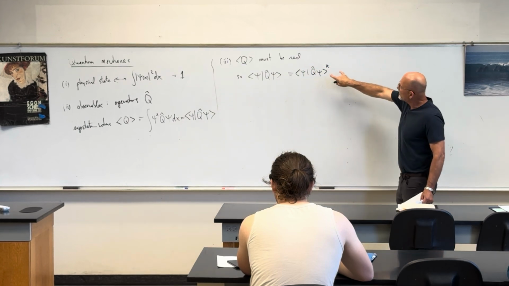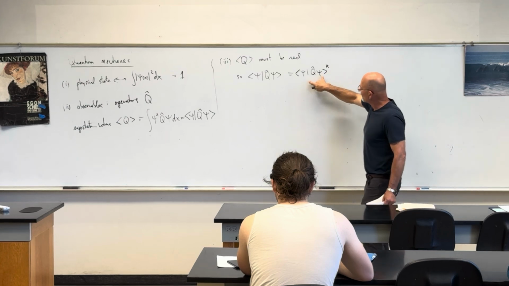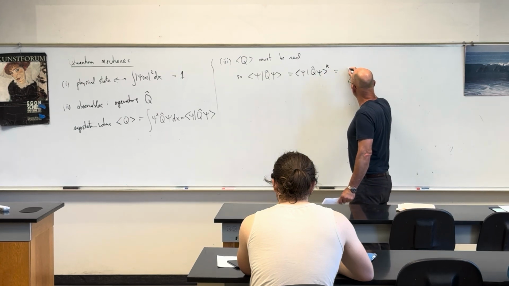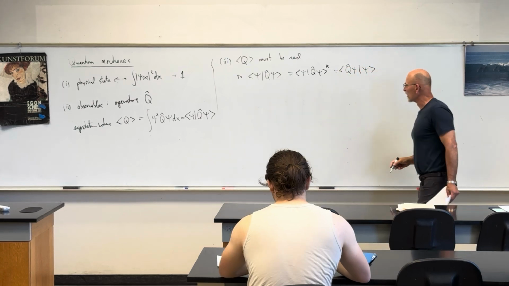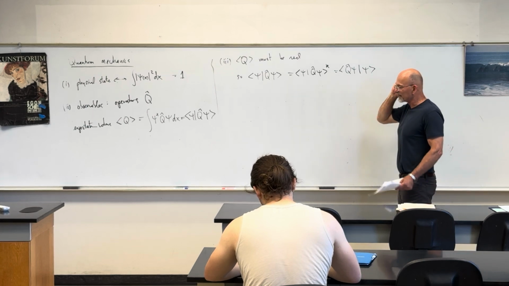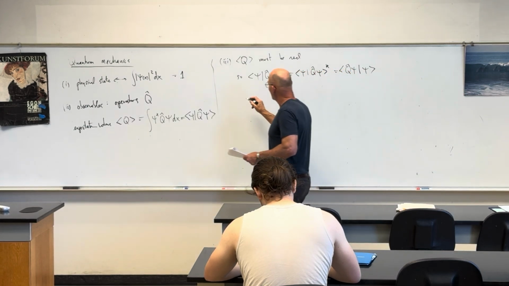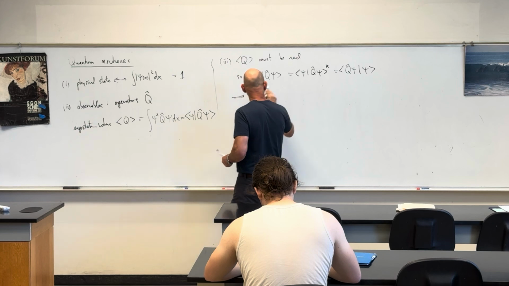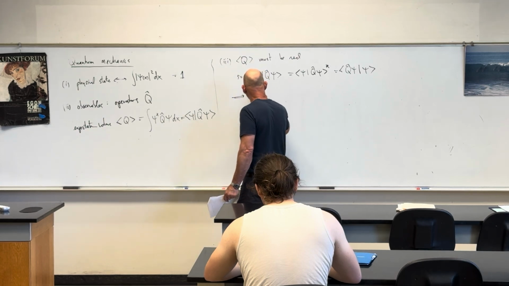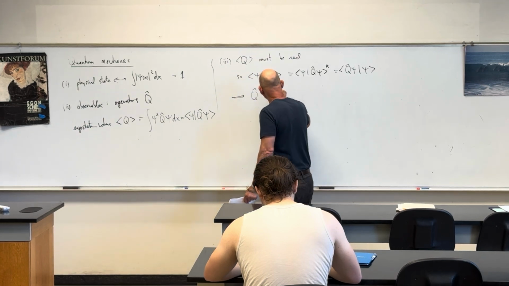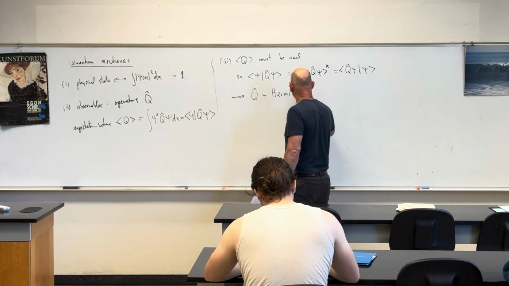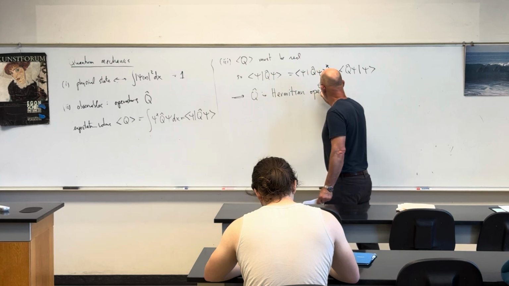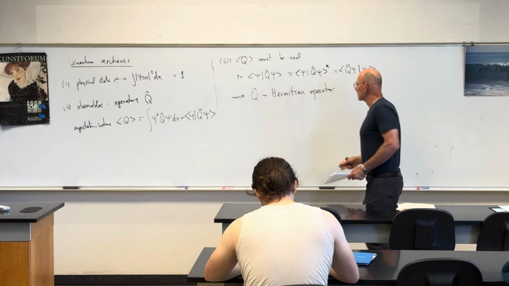But remember, when you complex conjugate this, you can reverse the order, so that equals Q hat psi, psi, like that. So it has to be real, so you complex conjugate that. And that means that this very property means that Q hat is a Hermitian operator. So now you have some added properties of your operators.